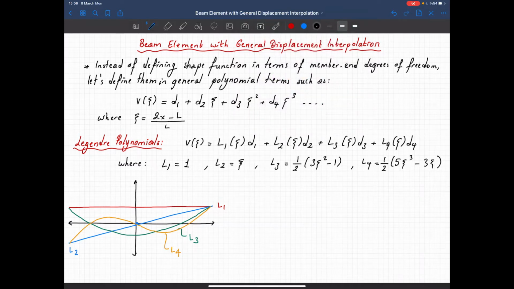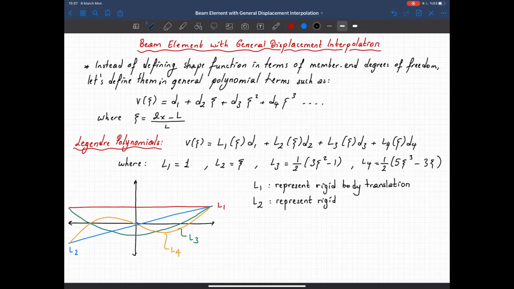So when you examine these curves, here L1 represents rigid body translation. L2 represents rigid body rotation.